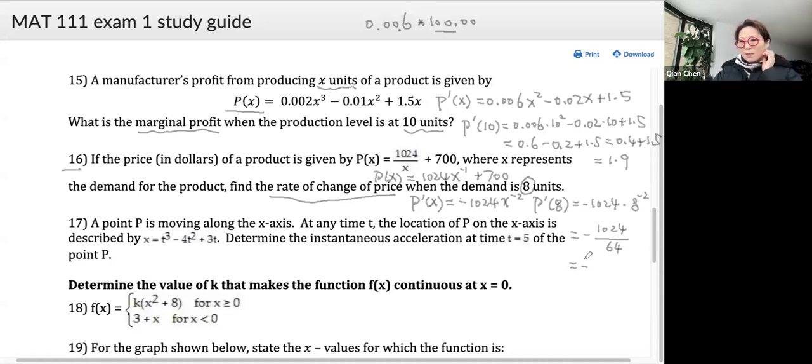That's negative 1024 over 64. You can use a calculator. 1024 is 2 raised to 10, and 64 is 2 raised to 6. Is that true?